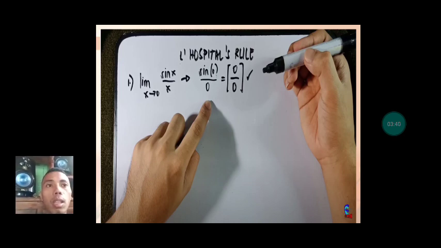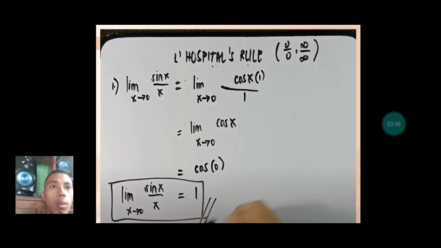So, this means we can apply L'Hopital's rule. How are we going to apply this one? We just proceed by getting the derivative. So, the original is the limit where x approaches 0, sine x over x.